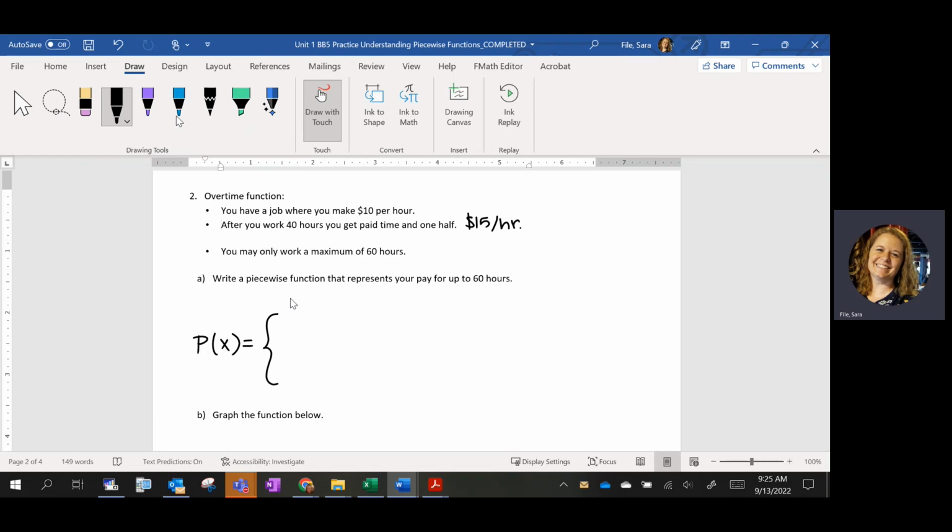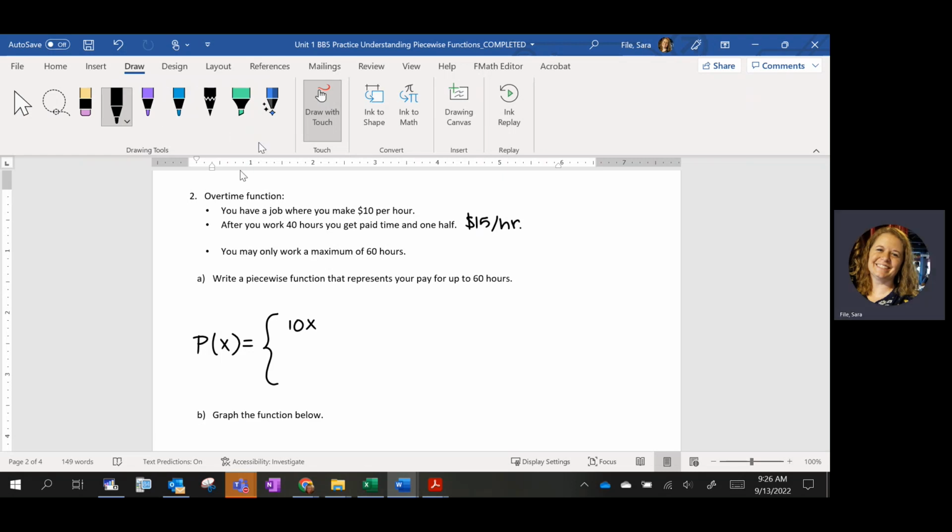Okay, so for the first piece of the piecewise function, it's your normal rate. You are getting, and I guess I won't put dollar signs in the equation part, you're getting $10 per hour. So 10x. Do y'all agree with that?